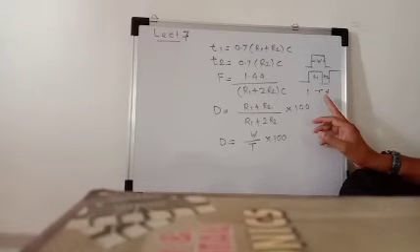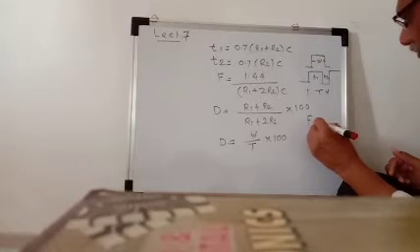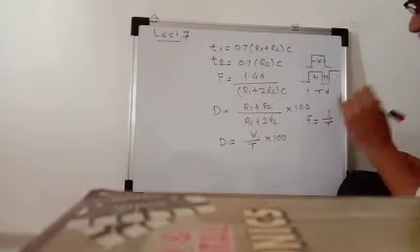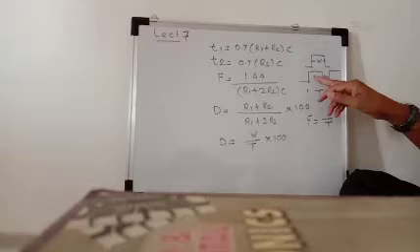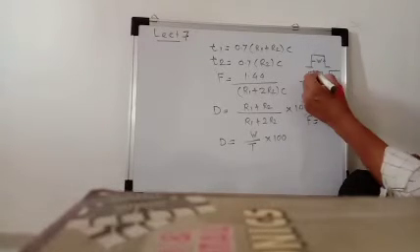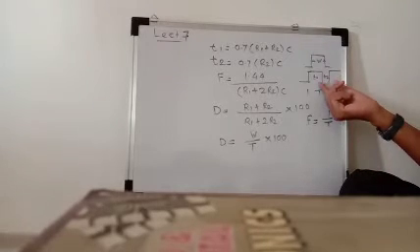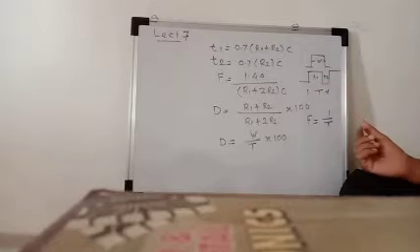Practically the frequency can be calculated by using the equation F is equal to 1 upon T, where T is equal to T1 plus T2. T1 is the charging time of the capacitor or T on, and T2 is the discharging time of the capacitor, that is T off.